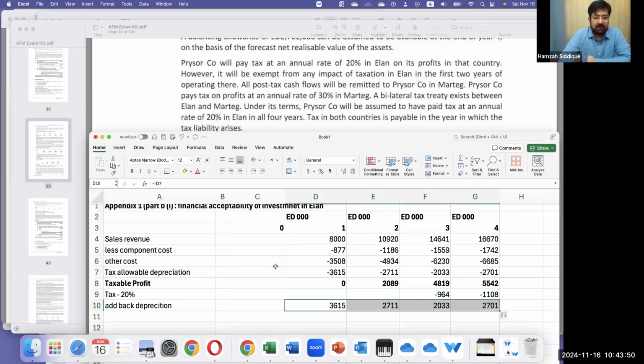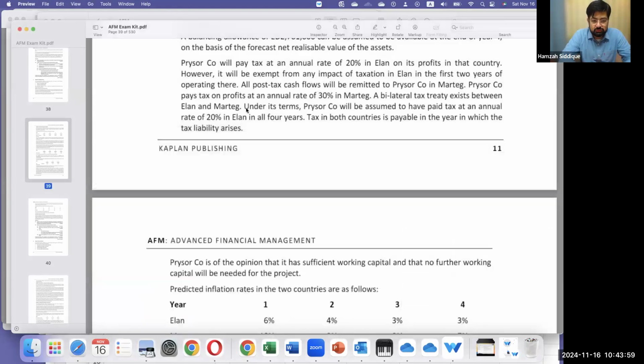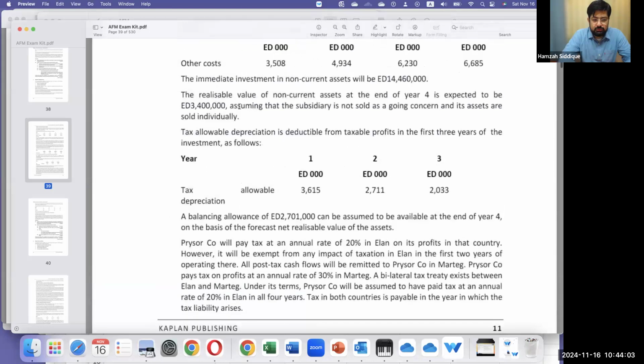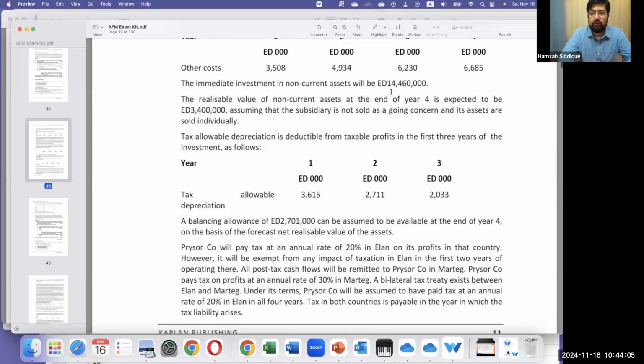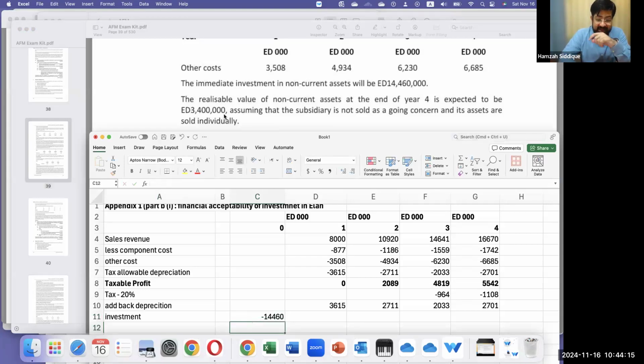Next, investment and any residual value. So investment is 14,460. 14,460. 3D round off. Residual value is 3,400.